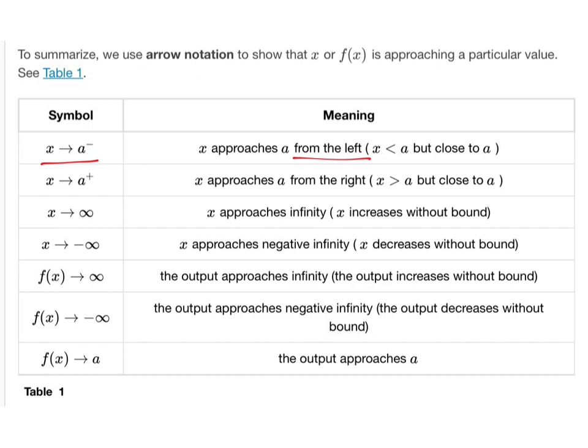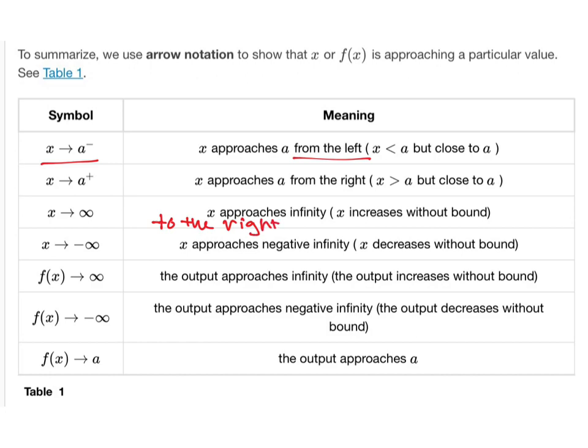As x goes to positive infinity, where am I going then? It says increases without bound. Where does that go? Forever to the what? As x approaches infinity, where am I going? To the right.